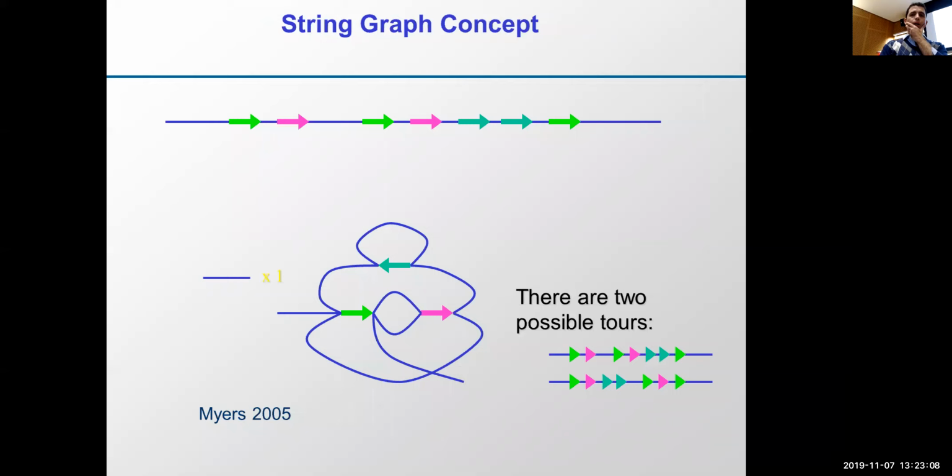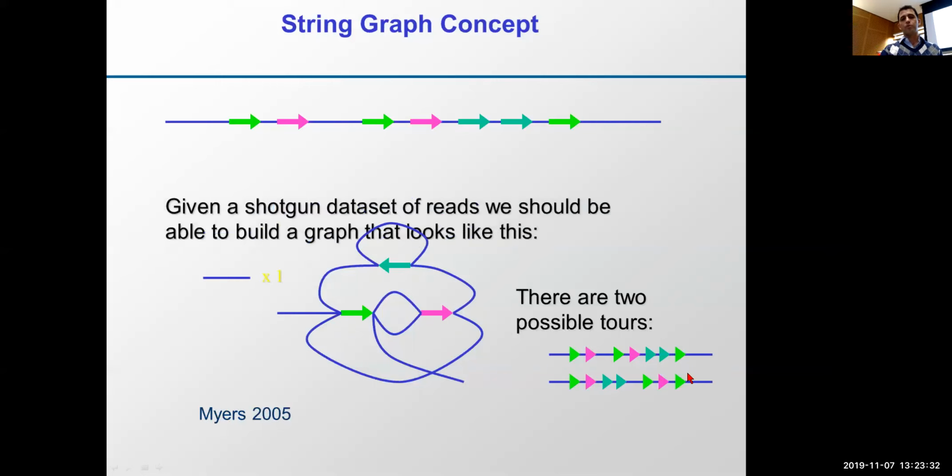Okay. So the concept of the string graph is that you want to be able to argue about all of the possible ways of traversing it and resolve it. There are many different types of tours that you can do. For this particular graph, where you have a unique contig here, here, and here, but all of these different ways of getting in and out of them, you have multiple solutions and they correspond to different versions of the genome, of course.